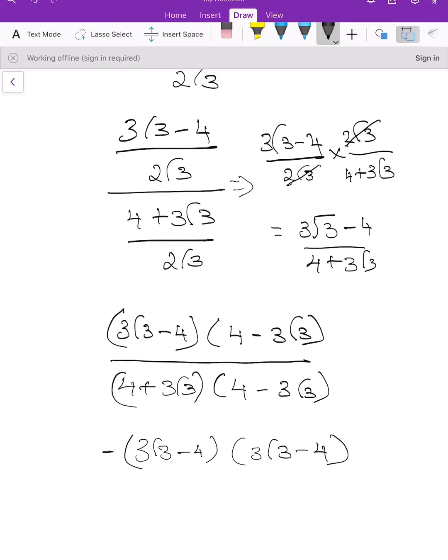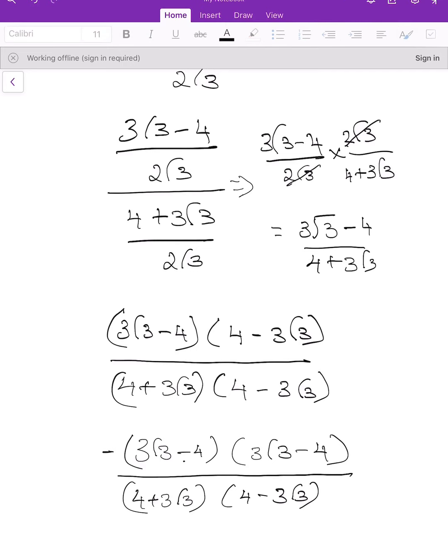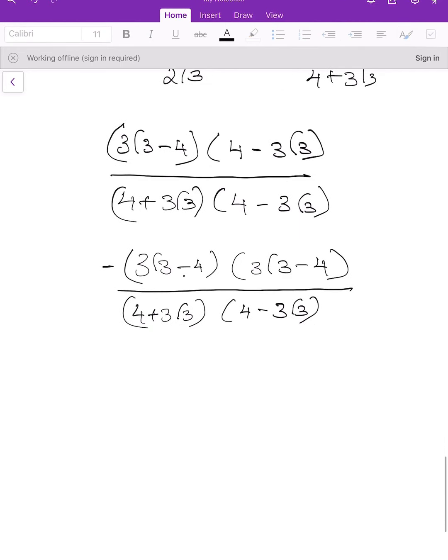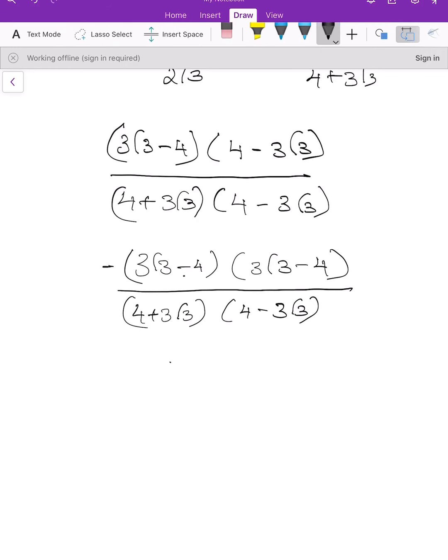So it is minus of (3 root 3 minus 4) the whole square by (4 plus 3 root 3)(4 minus 3 root 3), which is of the form a plus b, a minus b.